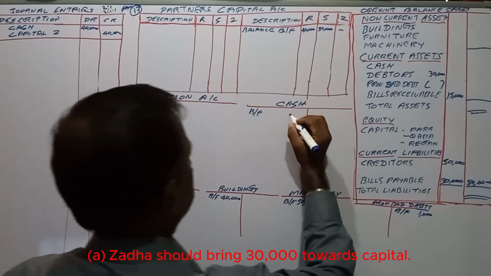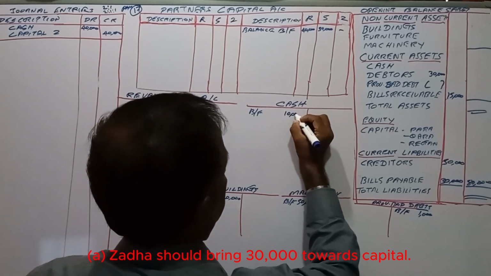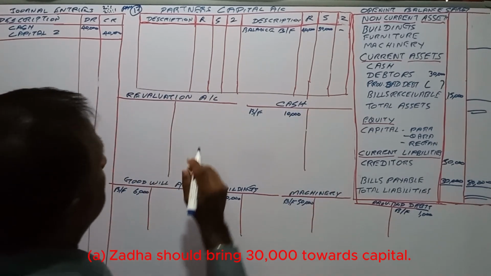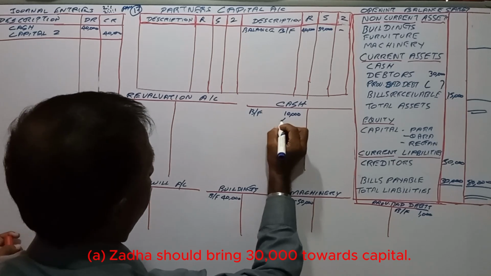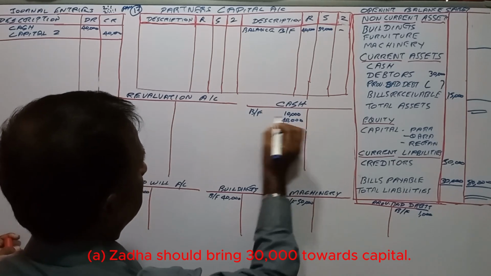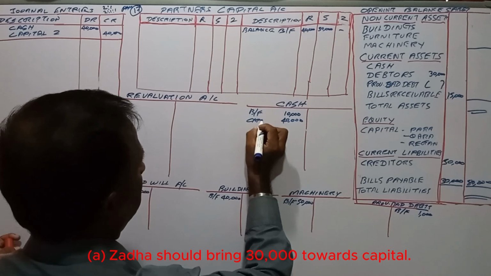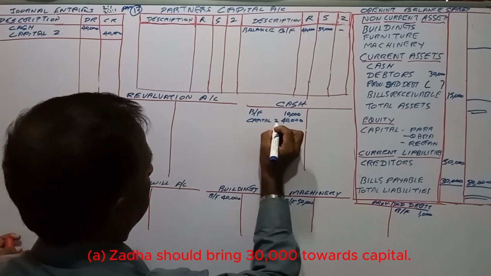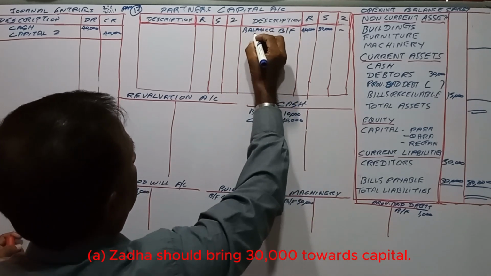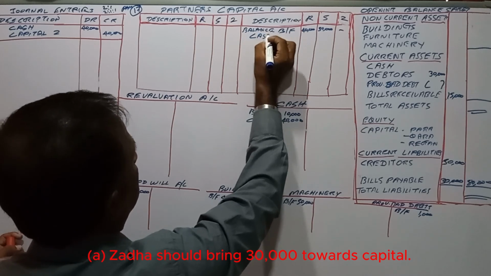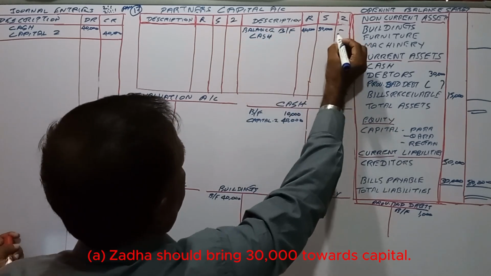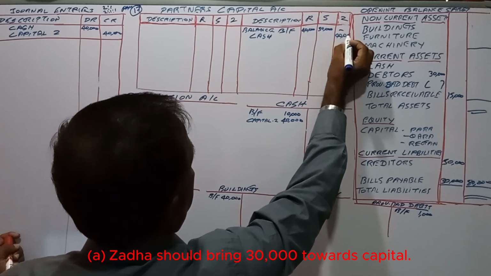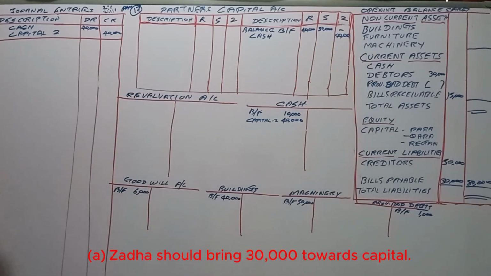What did Zada bring? 40,000 to the capital account. Cash account debit 40,000, Capital Zada account credit, right? That is the adjustment.